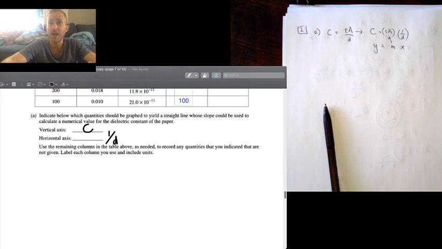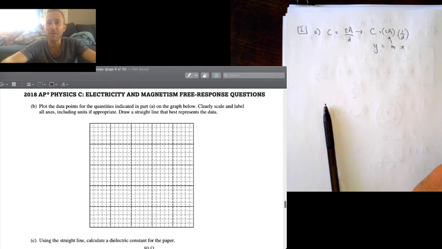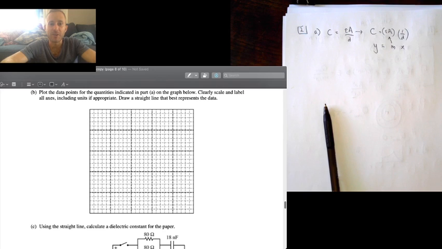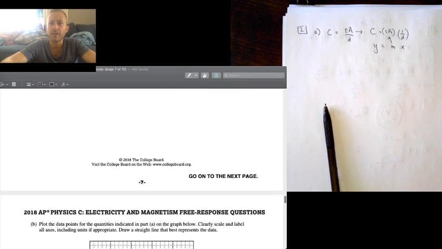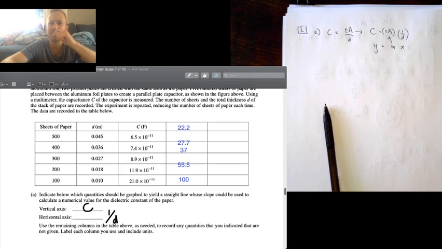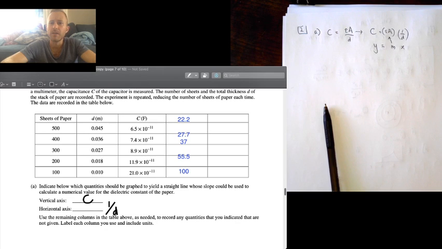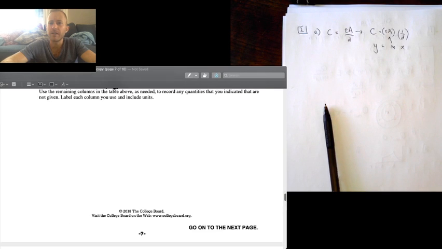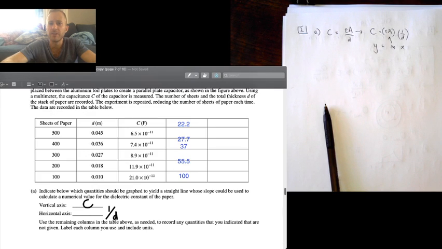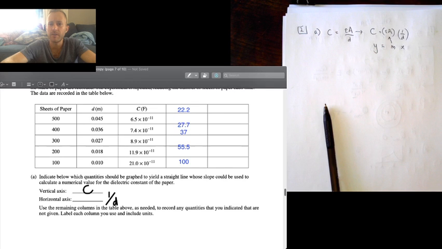I'm guessing that I'm going to graph it next. What do you guys think? You think I'm going to graph it next? Let's see. Oh, I'm going to plot all the points. Awesome. So I'll put capacitance in farads, and then I can see that my 1 over d goes all the way to 100.